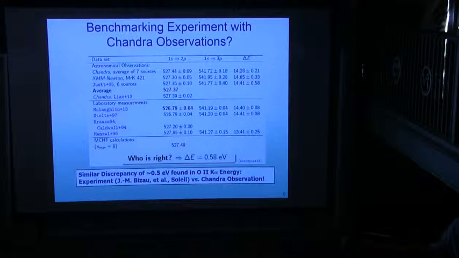Another upshot was that the latest modeling, using even just Chandra data, but also looking at some calculations, including a very sophisticated, somewhat converged MCHF calculation, finds a photon energy of the K alpha resonance that differs by more than half an eV from the latest, greatest laboratory measurements of Wayne Stolte et al.